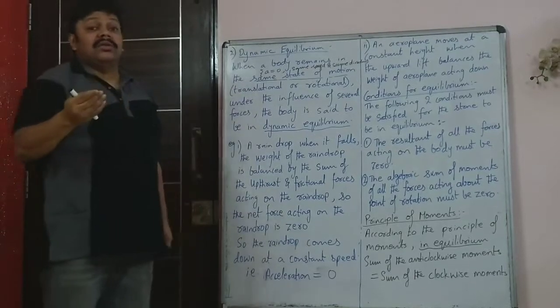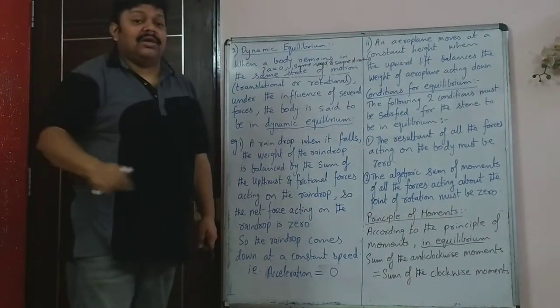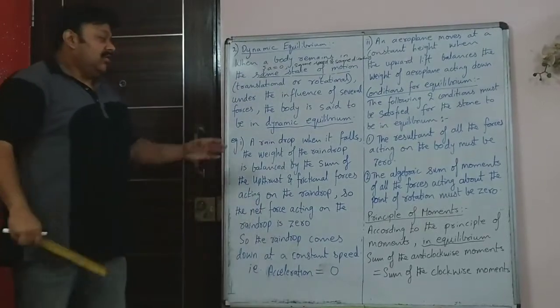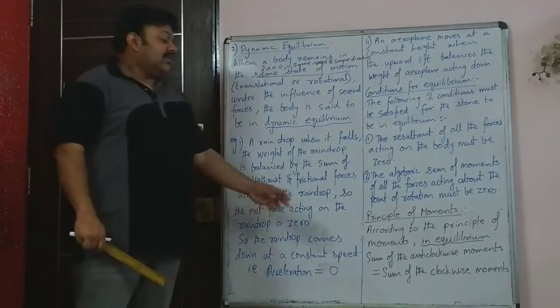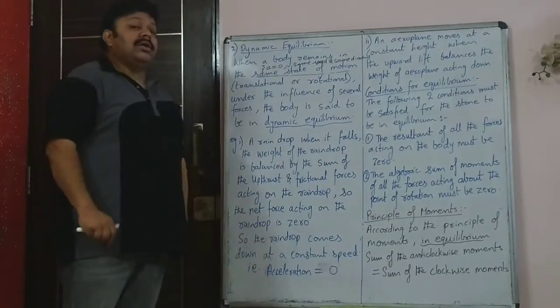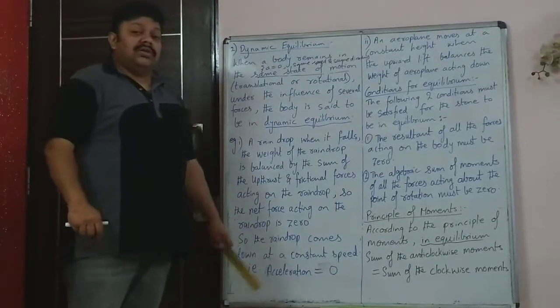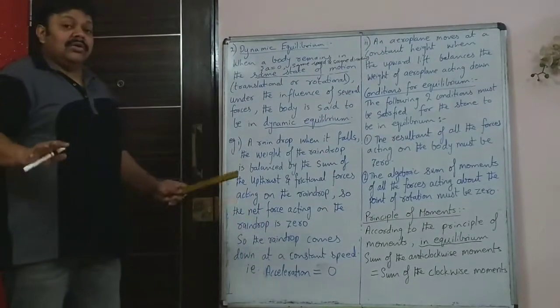There is no acceleration. So on the raindrop, that 9.8 meter per second squared is not acting. So the net force acting on the raindrop is zero, and that is why the acceleration is zero. So it comes down at a constant velocity.